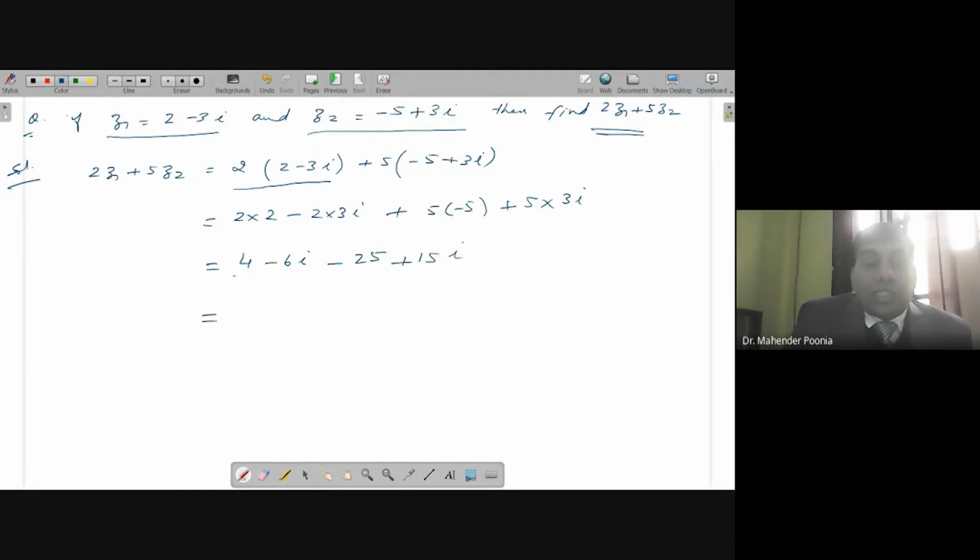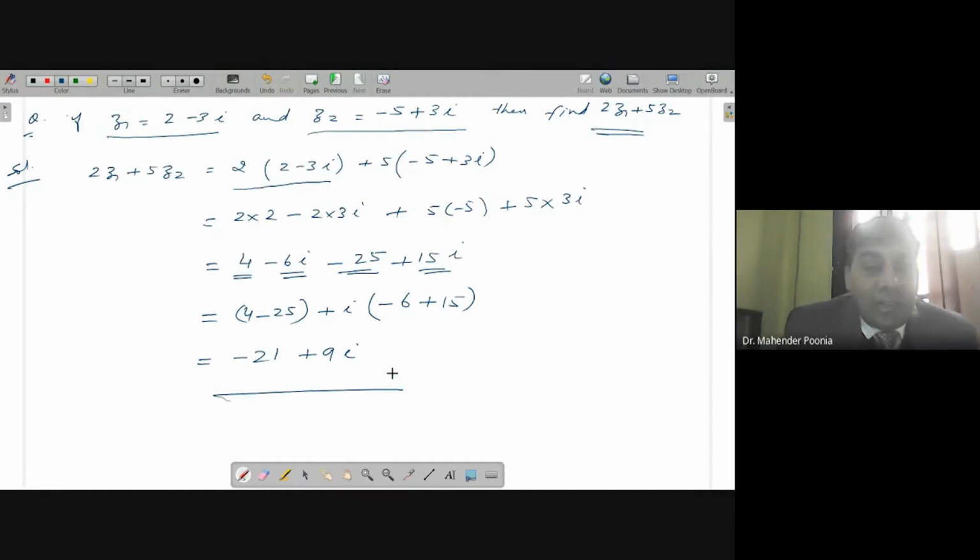Now 4 is real, minus 25 is also real, so we write the real parts together, 4 minus 25, and minus 6 iota, 15 iota are the imaginary parts, so we take iota common from these parts, so it becomes minus 6 plus 15. Which is equal to 4 minus 25 is minus 21, plus 15 minus 6 is 9 iota.